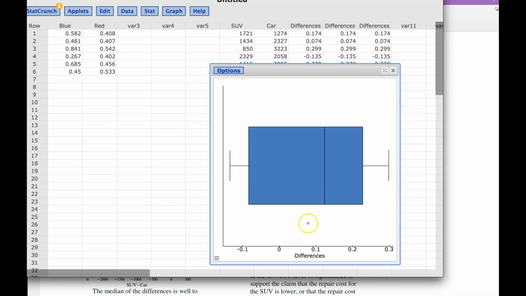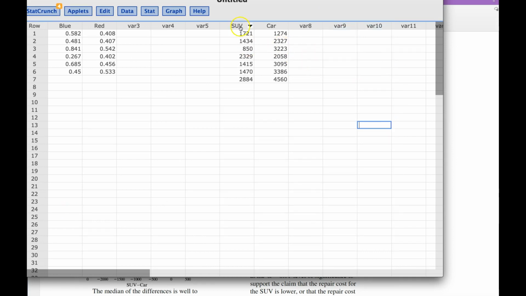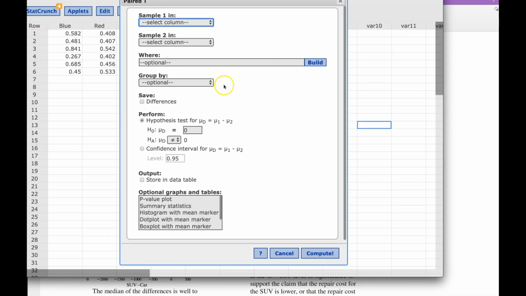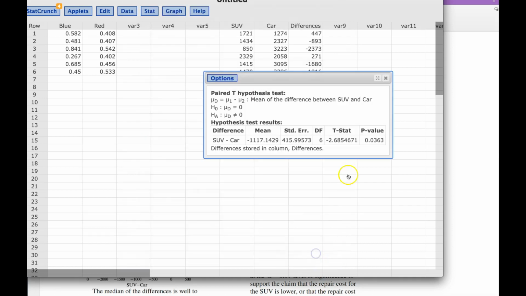But you don't have to do that by hand. You can put that into StatCrunch. Let me clean this out right here. There we go. And so SUV and car. Again, t-stats paired. We could run a hypothesis test just to double check to see is there a difference in cost between the SUV and the car. You compute, and notice it's a low p-value, 0.03.